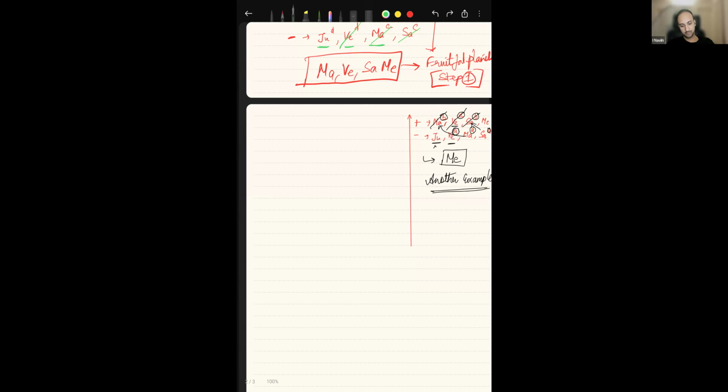Okay, now back to theory. Now, out of the above fruitful planets, these fruitful planets are again classified into three levels: L1, L2, and L3 in the order of strength.